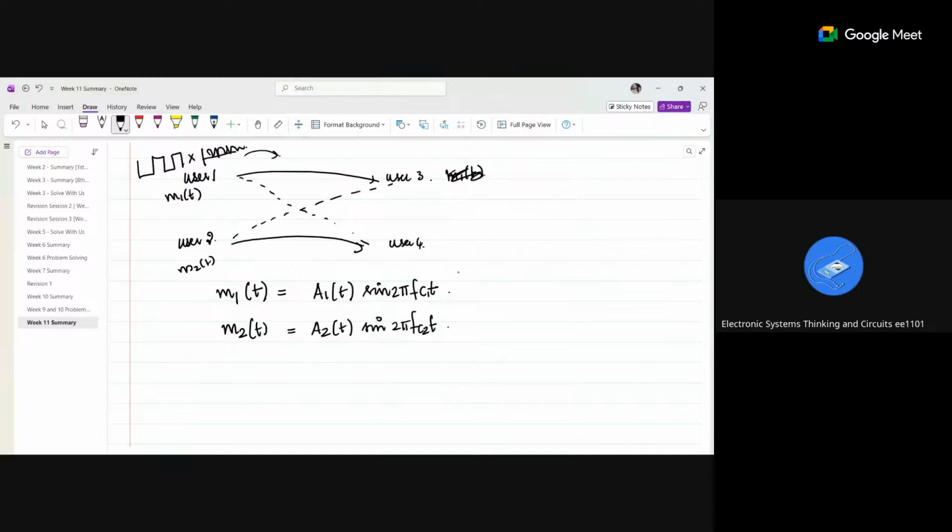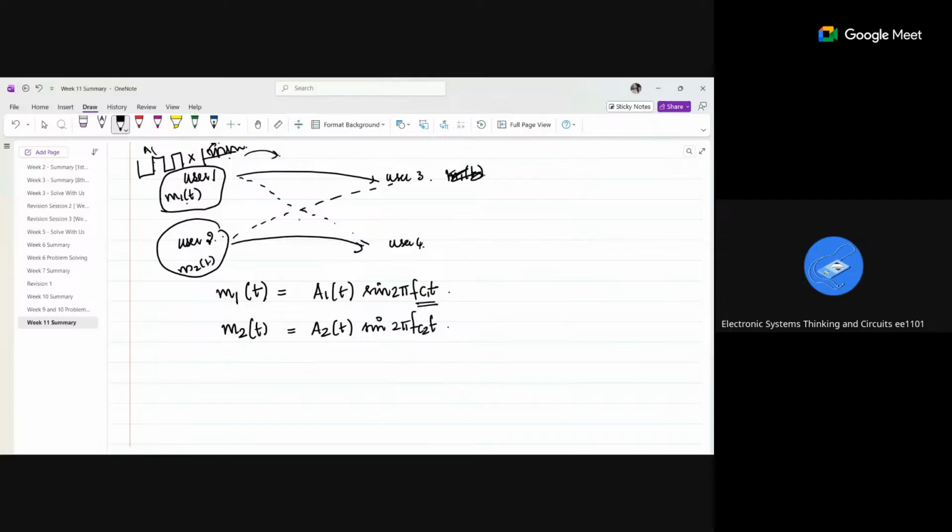Just understand what is happening here. User 1 has a signal where his data, with amplitude A1, is overlapped with a sine carrier of frequency fc1. User 2 has another data signal and uses another carrier frequency.